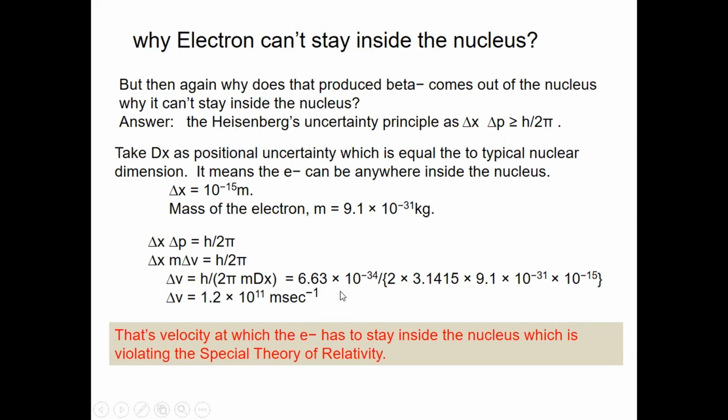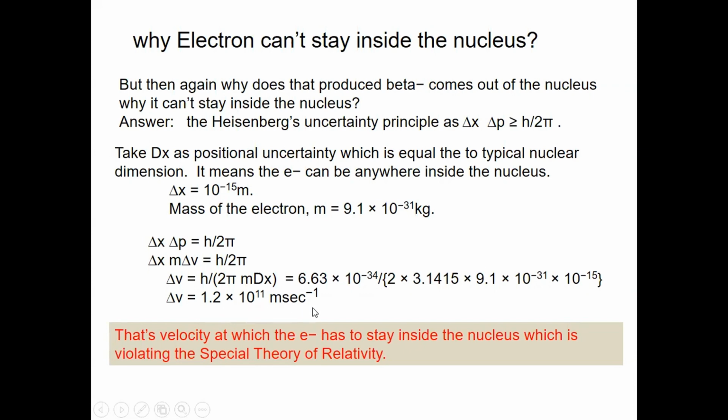Here, h, the Planck constant, is 6.63 times 10 to the power minus 34 joule second, and the other values are 9.1 times 10 to the power minus 31 as the mass of the electron, and 10 to the power minus 15 as the distance, and we get delta v of the order of 1.2 times 10 to the power 11 meters per second.